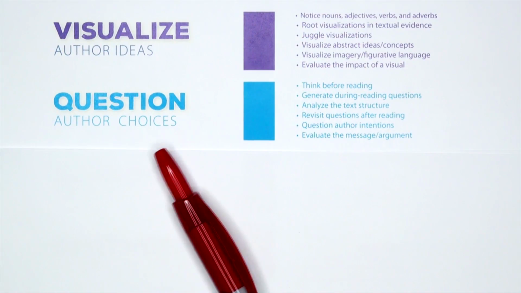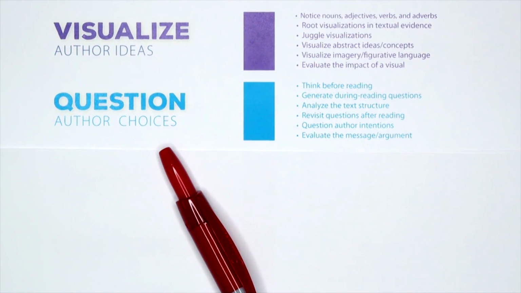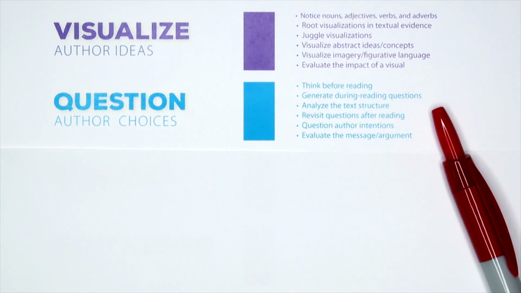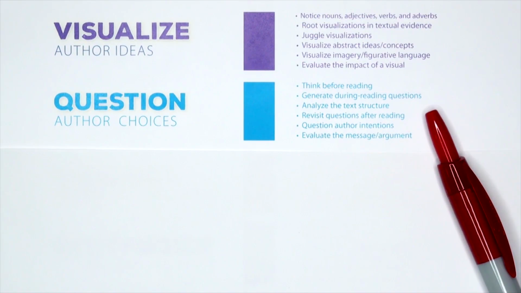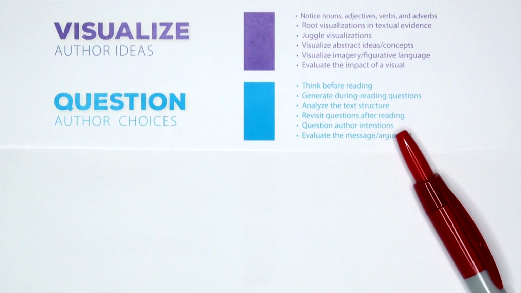There's a whole variety of teaching students how to question, predict, and evaluate author choices. They include a series of lessons on generating before reading questions, during reading questions, and even answering our questions by the time we're done. We want students to really think about author intentions.